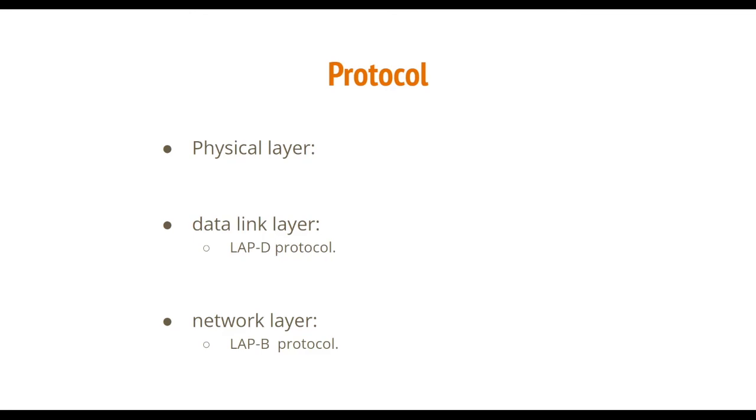Channel B can be used for circuit switching, semi-permanent circuits, and packet switching. For circuit switching, a circuit is built on channel B on demand. A semi-permanent circuit is a B channel circuit that has been established by agreement between the connected users and the network.